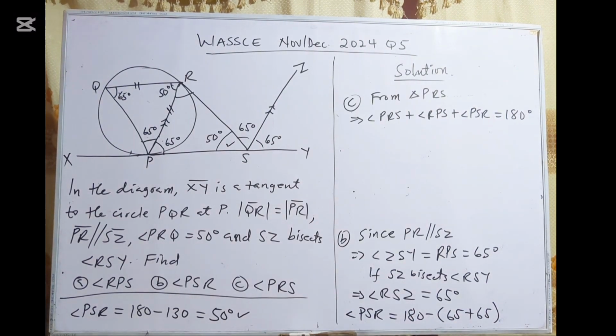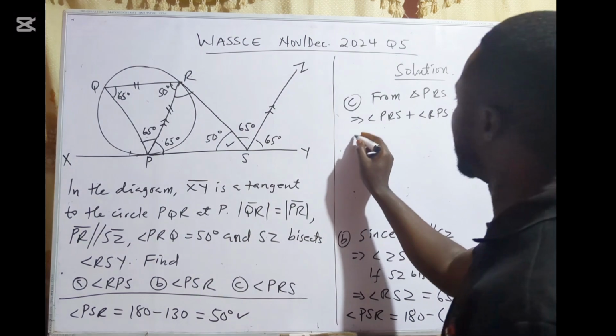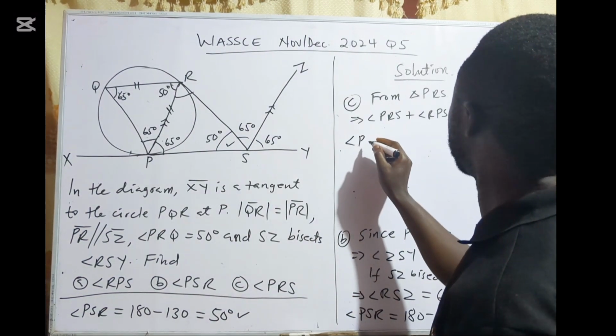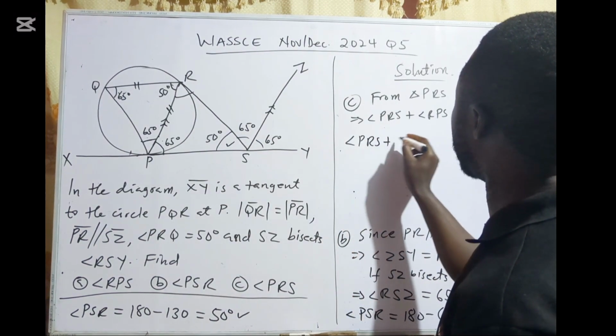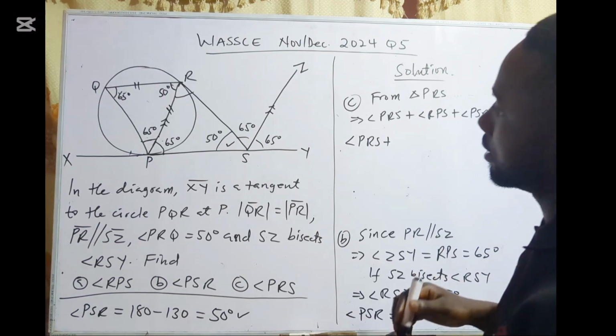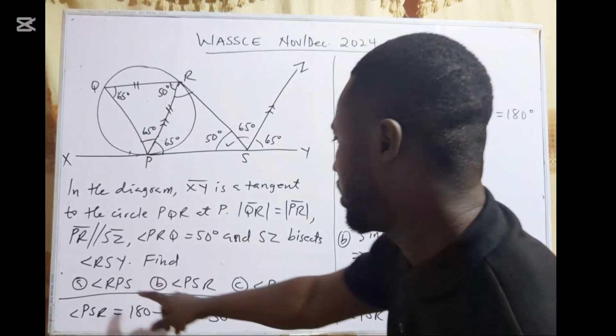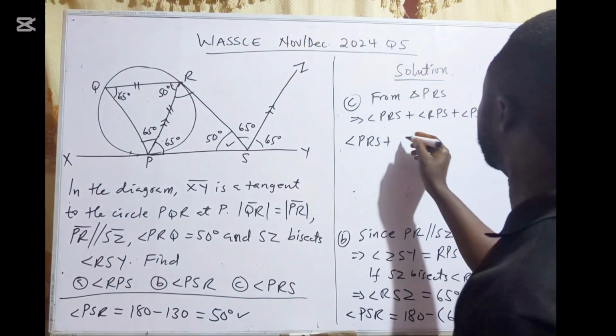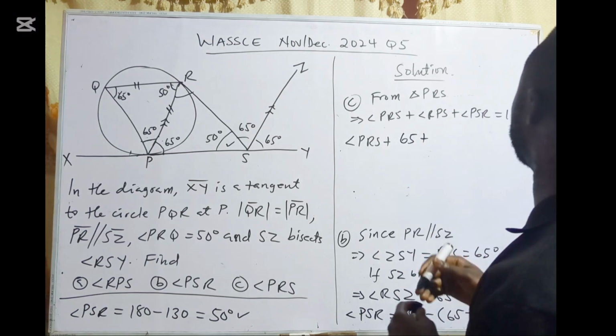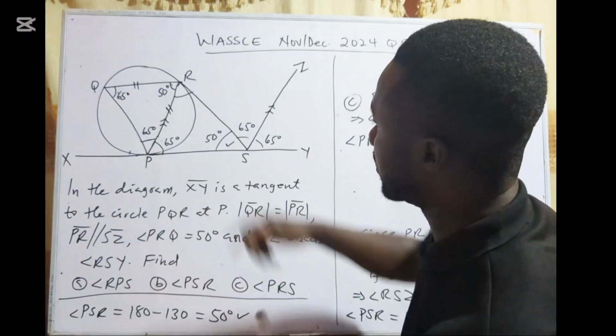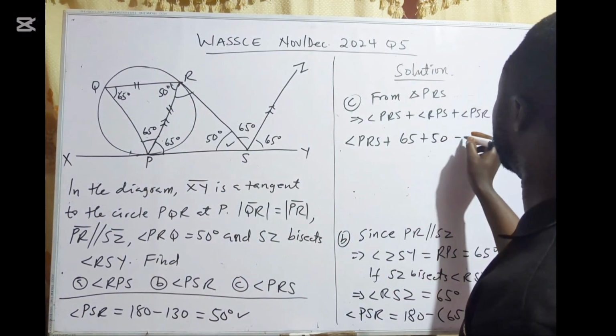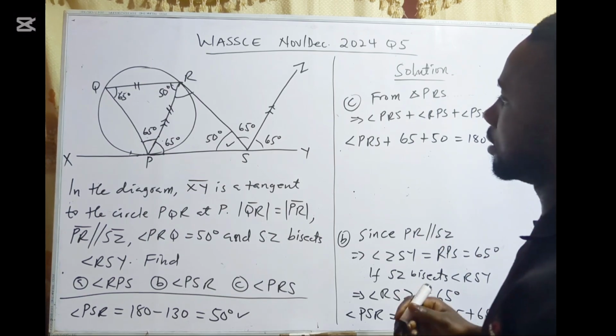The sum of the interior angles of a triangle. So angle PRS plus angle RPS, which is 65, plus angle PSR, which is 50, is equal to 180 degrees.